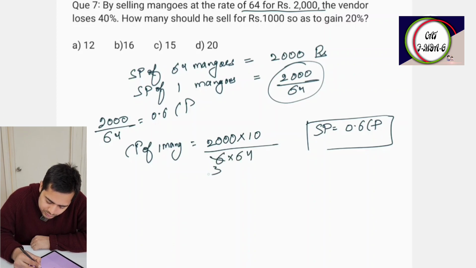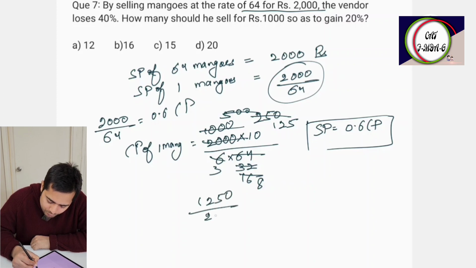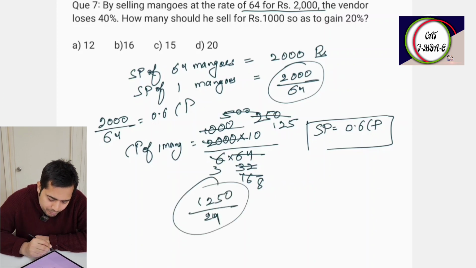So you can cancel and simplify to get 1250 by 24. This is the cost price of one mango.